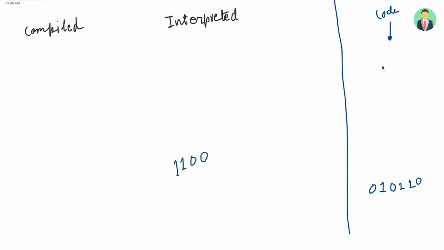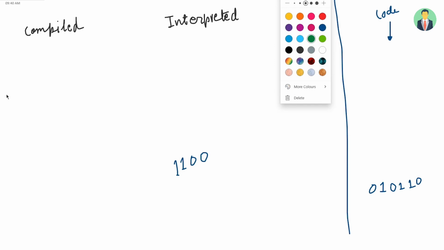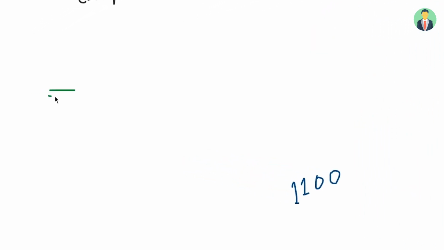Now there is a fundamental difference between compiler and interpreter. Okay, so let me give you an example. Let's say I have these lines of code and one of them is wrong here. And let me just add two more correct ones here. So we have 6 lines of code and the fourth one is incorrect, the one which is marked in red.